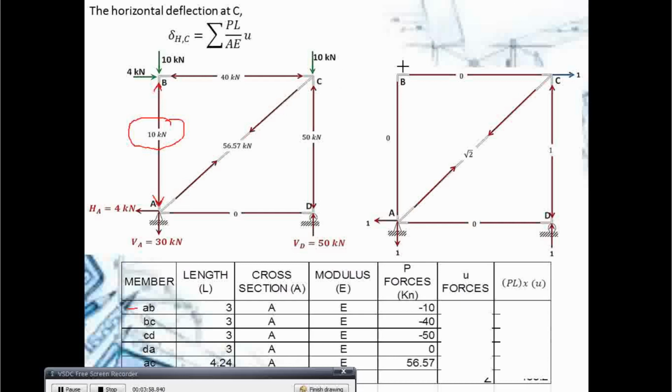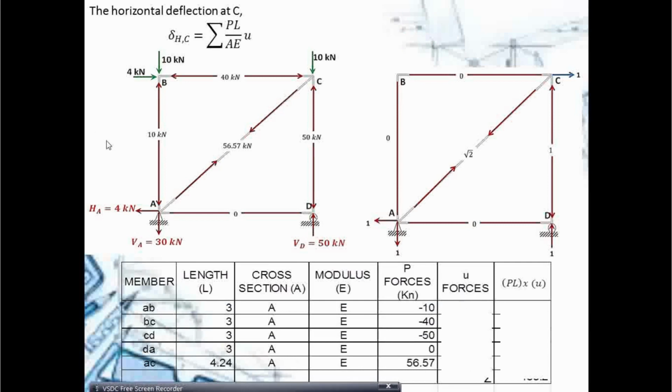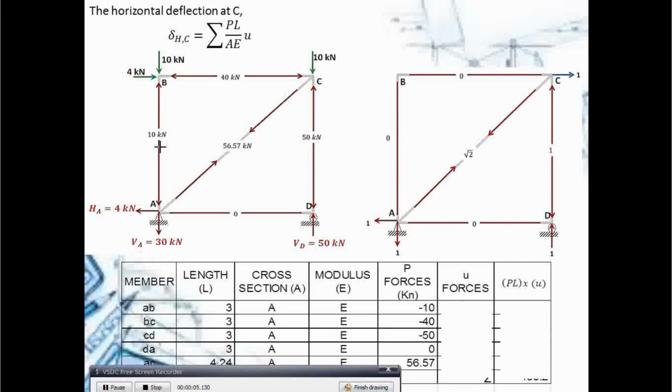And here is our sign convention. Kapag yung member under siya ng compression, minus. Kapag under siya ng tension, plus. So in this case, si AB, 10 kilonewtons, yung force ko is towards the joint, since that is compression. Kaya doon ko nakuha si negative.